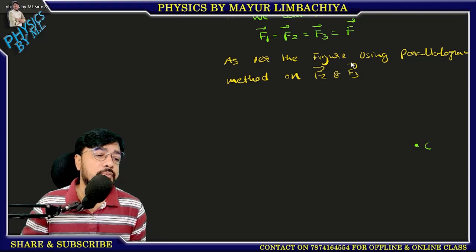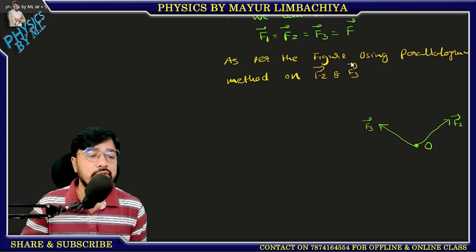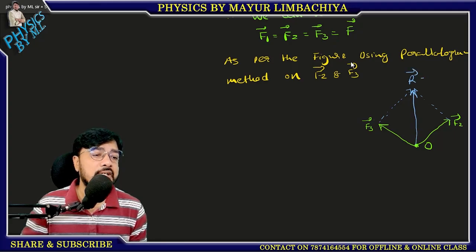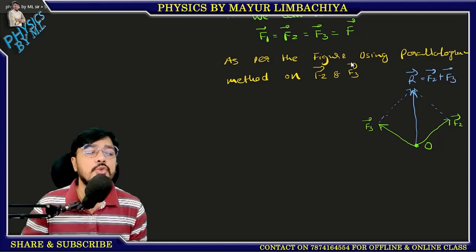Suppose this is point O, your forces are like that. This is F2, this is F3. So what we can do is draw a parallel vector here, and then we will connect these. This will be our resultant vector, which will be the sum of these two vectors.